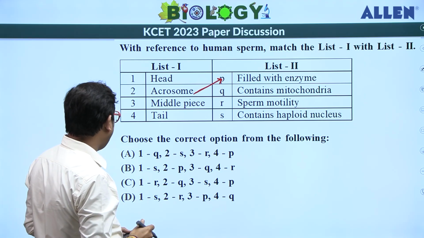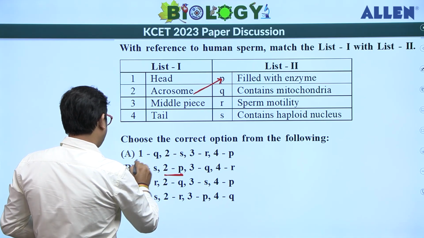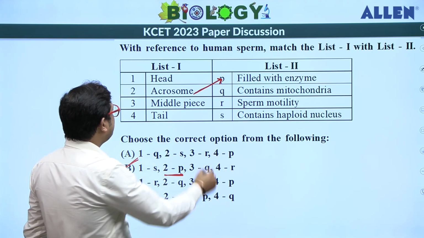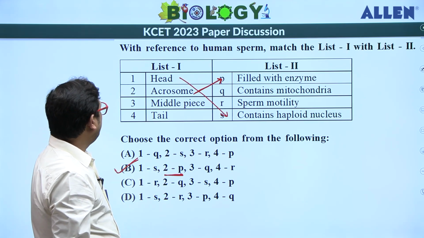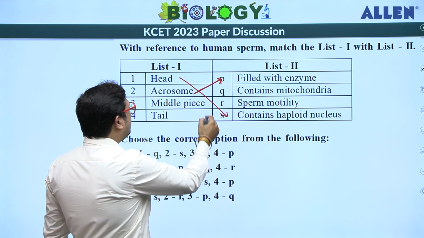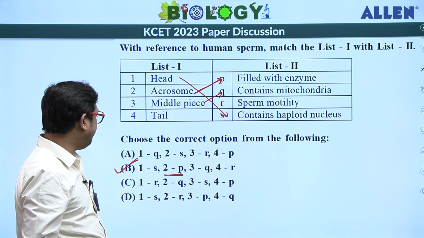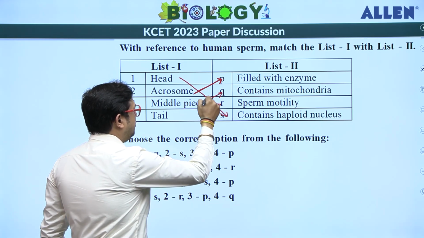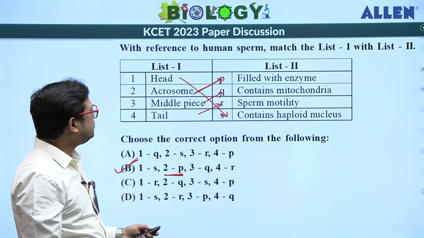So 2 should be P. Only one option is there, 2 is P. Head contains haploid nucleus. Middle piece contains mitochondria, which we call Nebenkern, that provides energy for sperm motility, and tail is for sperm motility. So answer is B. Okay. Thank you.